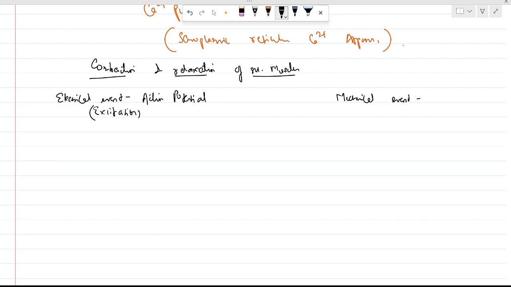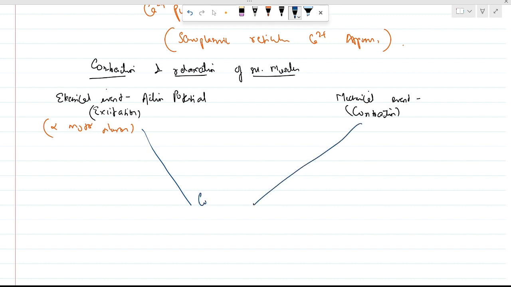What is this mechanical event? Contraction of our skeletal muscle. Now this electrical event, the action potential, is conducted by, remember, the alpha motor neuron. These two, the electrical event and mechanical event, which are excitation and contraction, are coupled together.